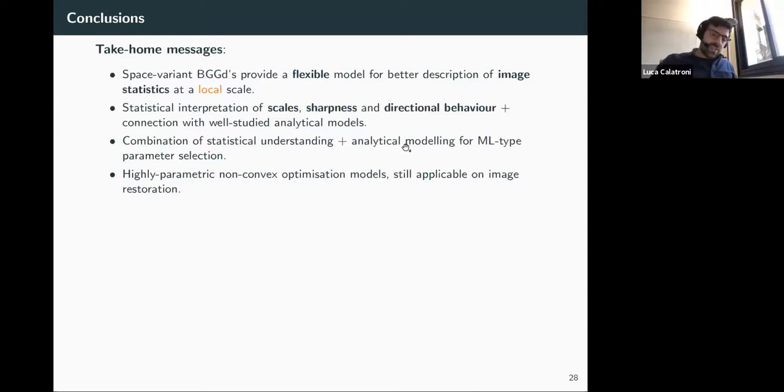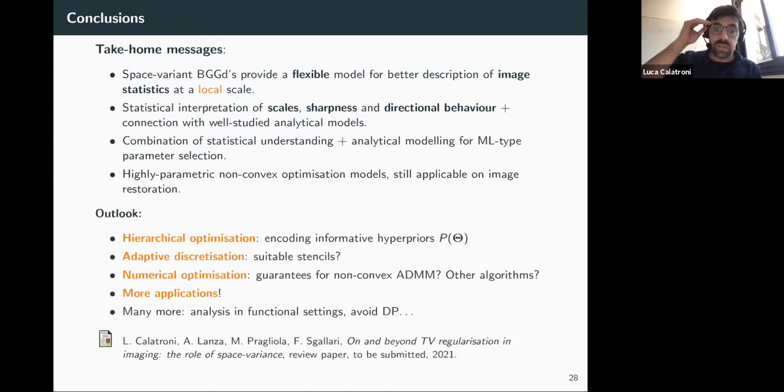And I found this particularly interesting because by exploiting the statistical interpretation of these, we could even come up with some interesting parameter optimization and estimation strategy, which resulted in a highly parametric and non-convex optimization problem, which opens many questions. The first one would be to use some more informative prior.